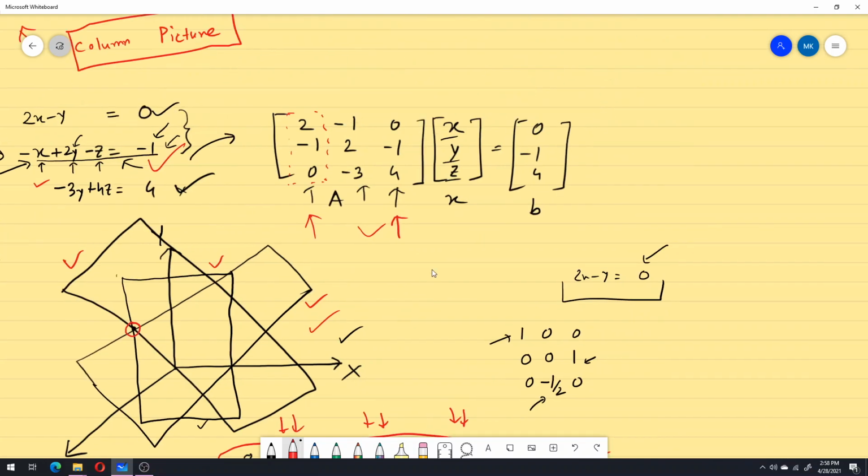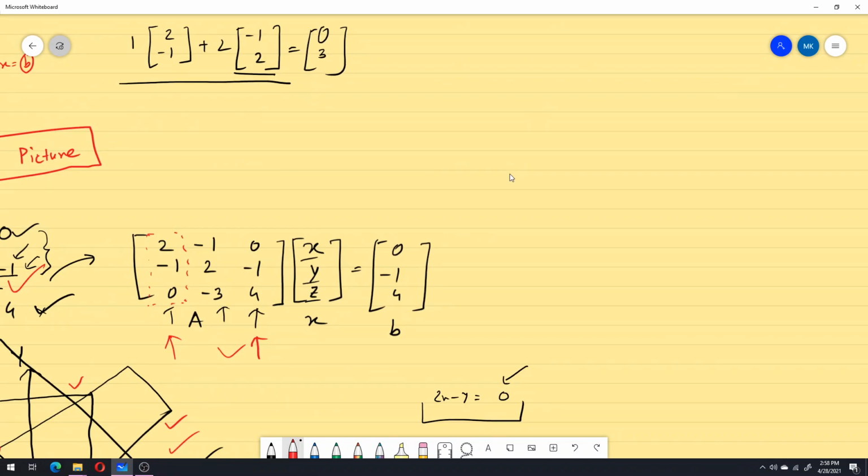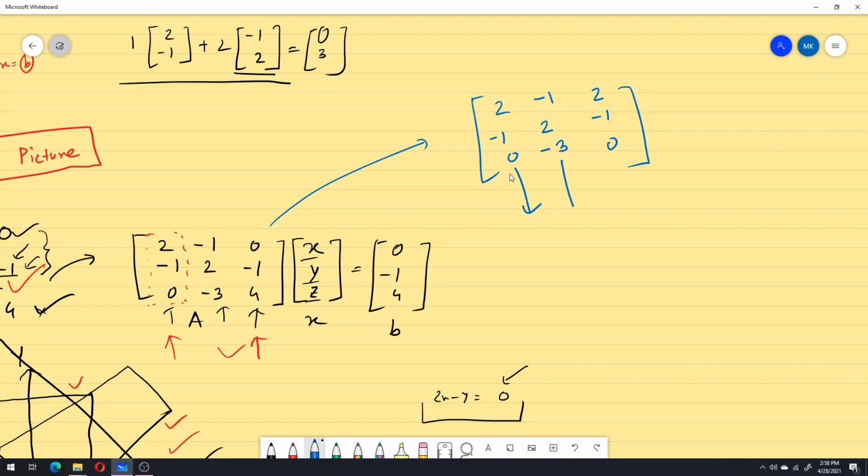Okay. For example, if the matrix was like this, 2, -1 and 0, -1, 2, -3, and let's say the third column is the same as the first column. In that case, you could get one plane from this column, one plane from this column, one plane from this column, but you could not get a different plane for this column.